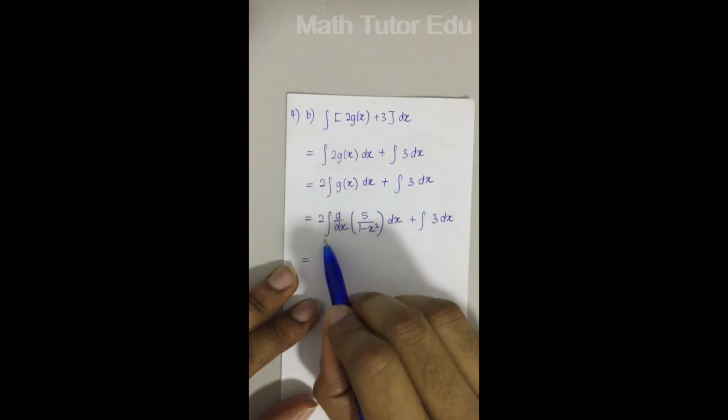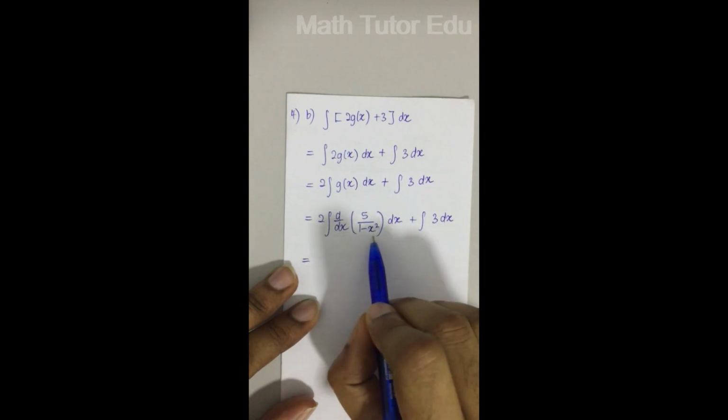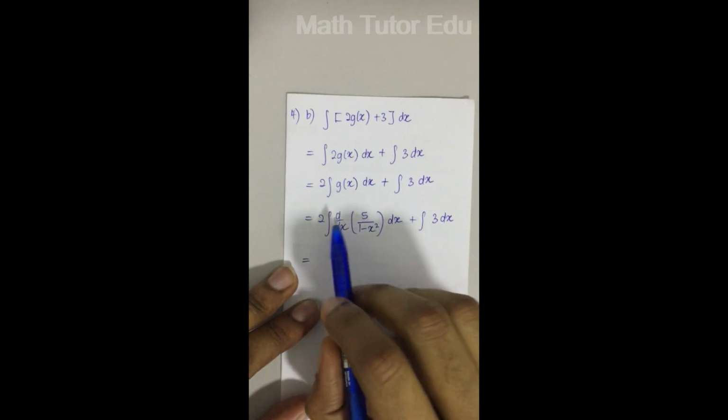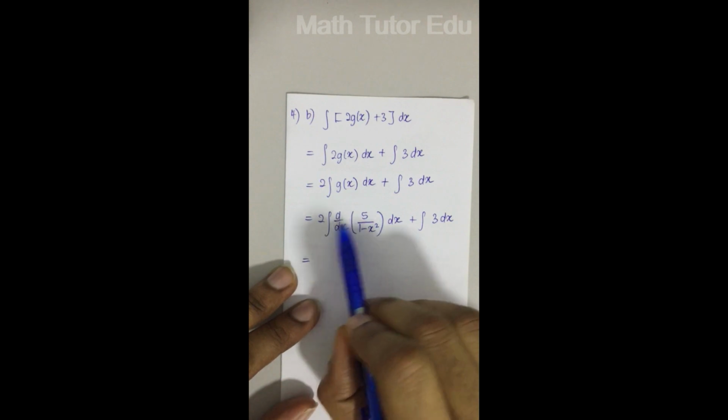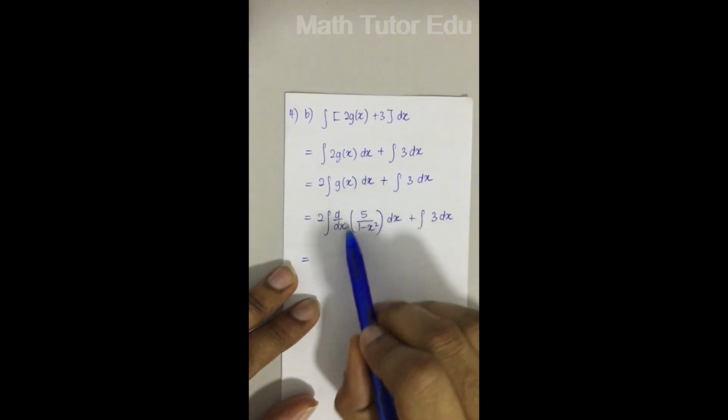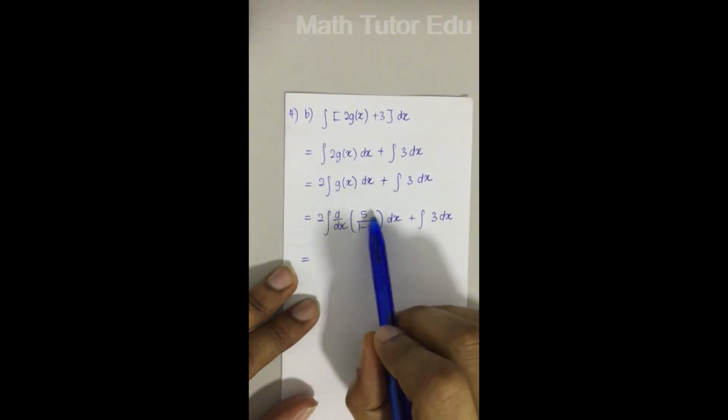Let's solve this together. When you have an integral and a differentiation over here, automatically you get the exact expression, because integral and differentiation cancel each other off, so you are only left with the expression itself.